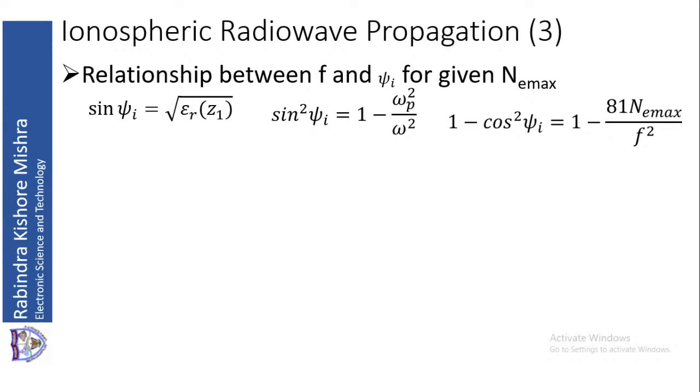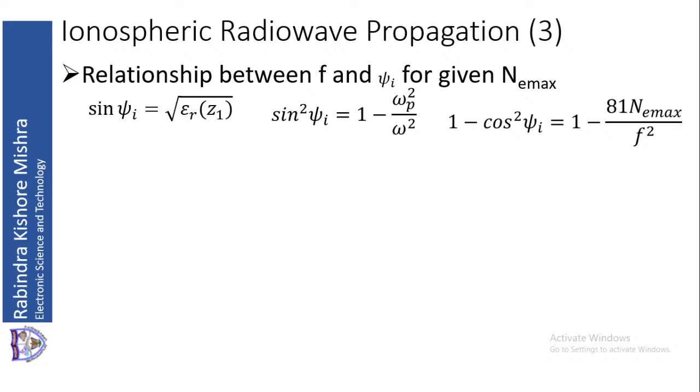So on the right hand side we have 1 minus omega square p, which is 81 Ne max as I have told you, divided by f square. Now omega square p by omega square is 2 pi square f square p by 2 pi square f square. So 2 pi square cancels out, then f square p is 81 Ne max, divided by f square.